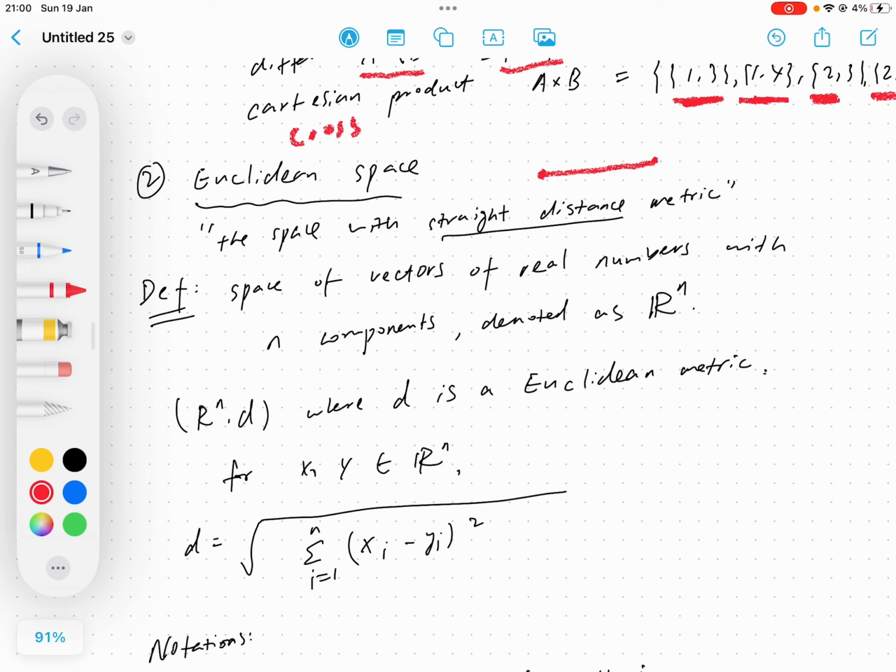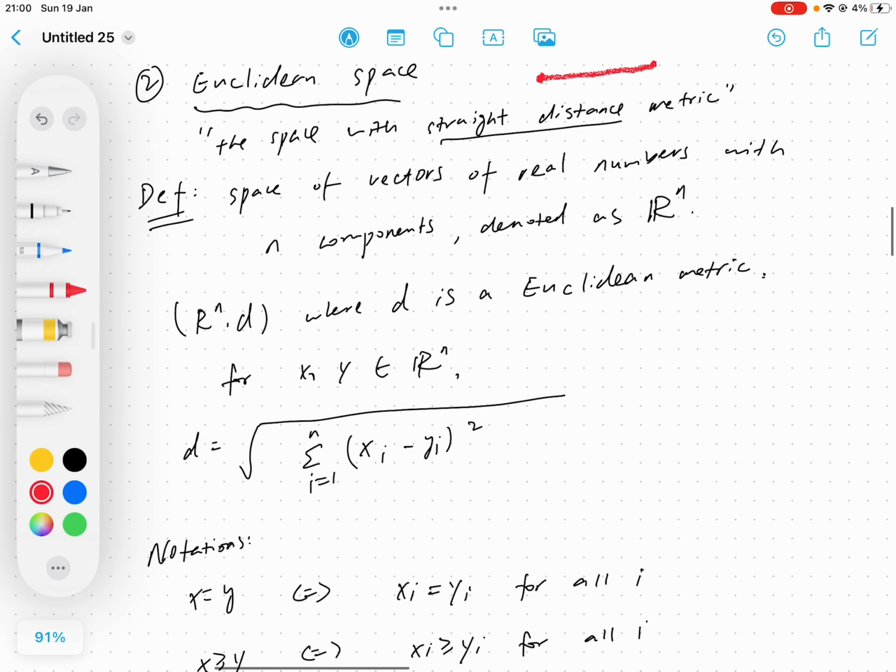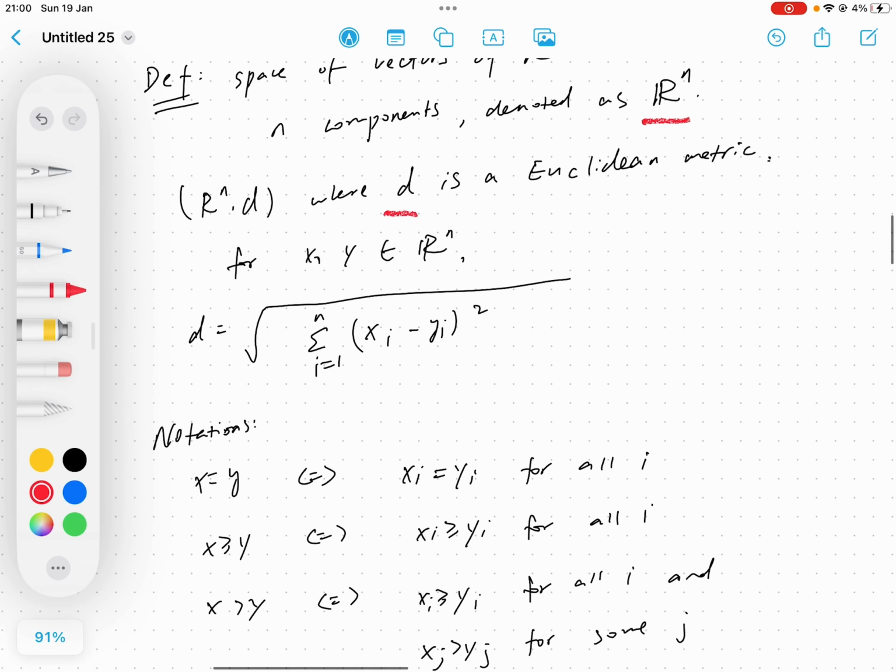So, in a formal definition, we say Euclidean space would be a space of vectors of real numbers with n components, and we simply denote that as Rn. Okay, and here when we say this Rn would be Euclidean space, we use this D as the Euclidean space metric.